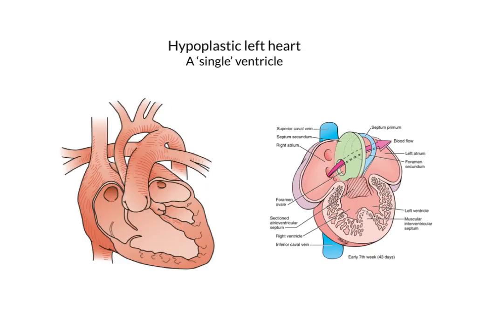The final thing I want to talk to you about is a congenital heart disorder known as hypoplastic left heart syndrome. Essentially, these children are born with just a single ventricle, and there is a large amount of speculation as to the cause of this.